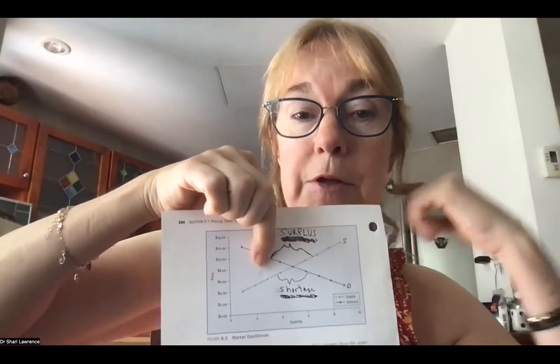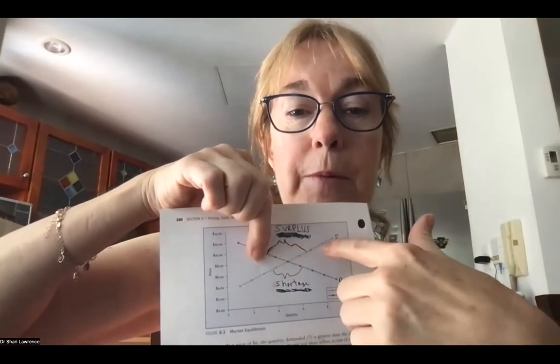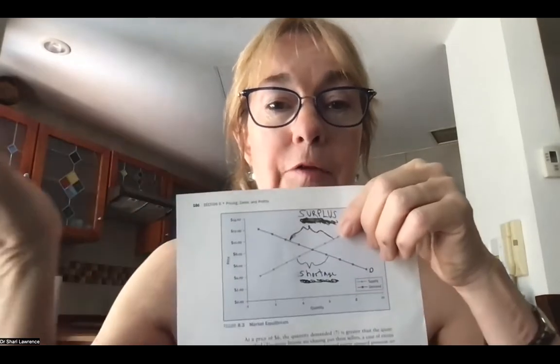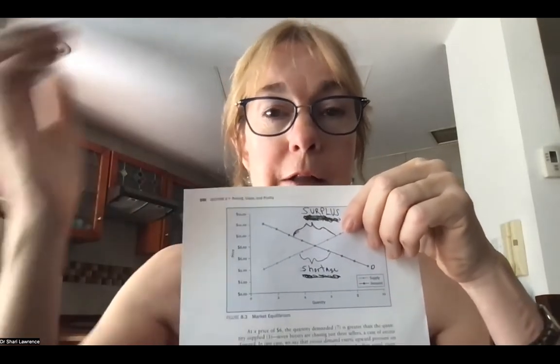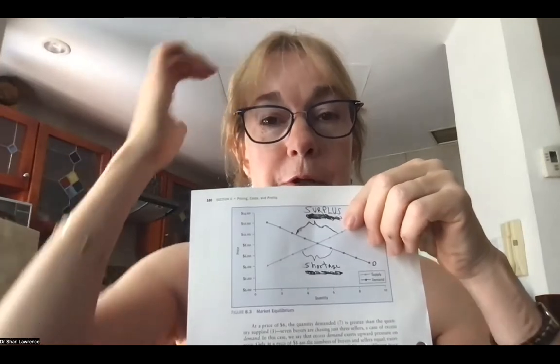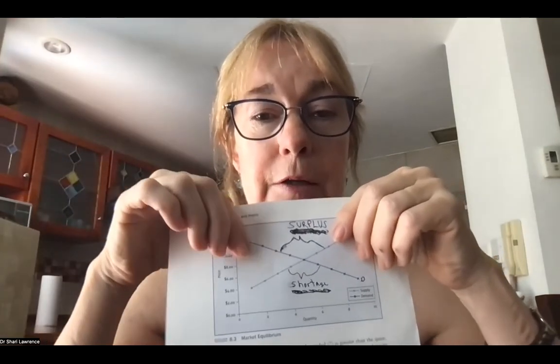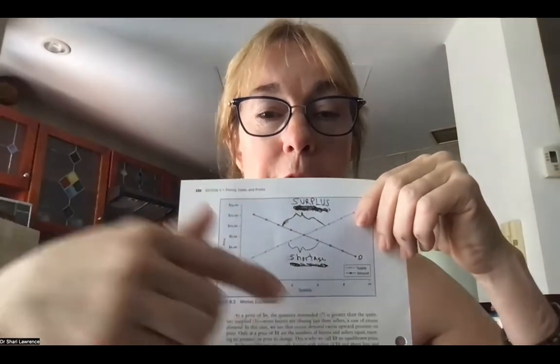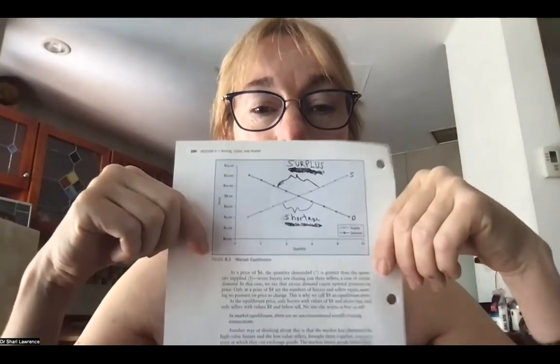It causes a surplus of labor because fewer people are hiring, but more people are looking for work. And so you can see how government intervention or regulations can disrupt this equilibrium. All right, so that's an example of how minimum wage creates a surplus in the labor market, which is unemployment.